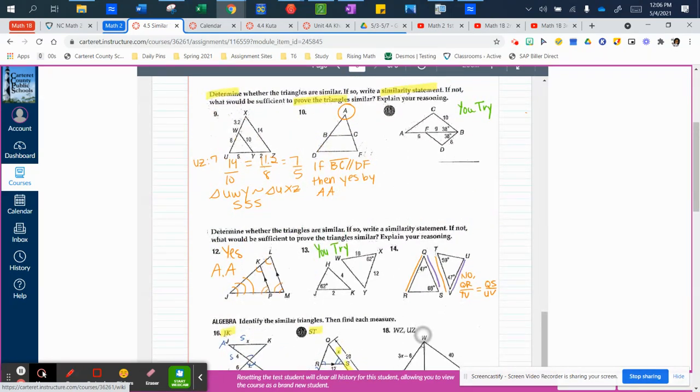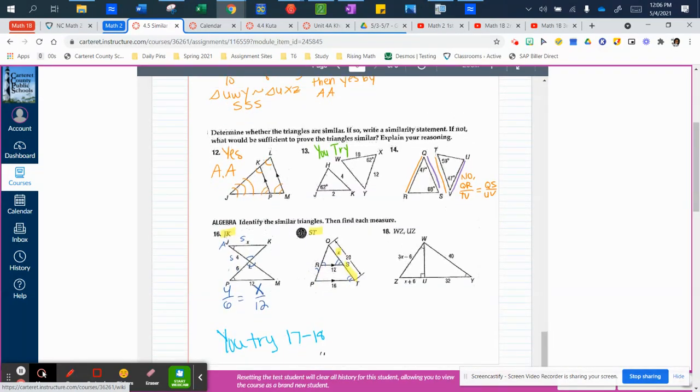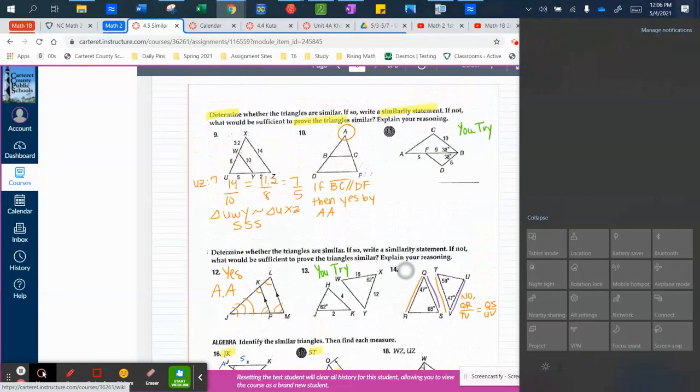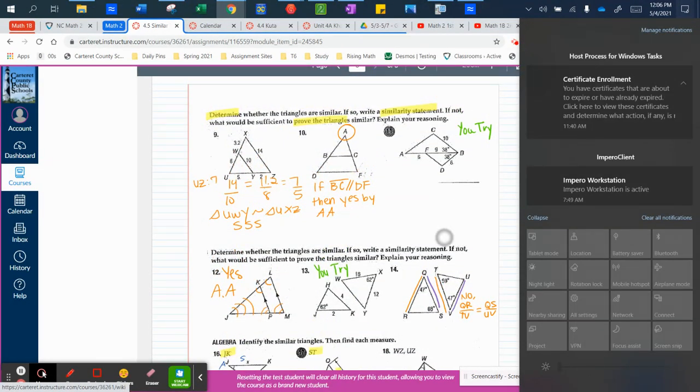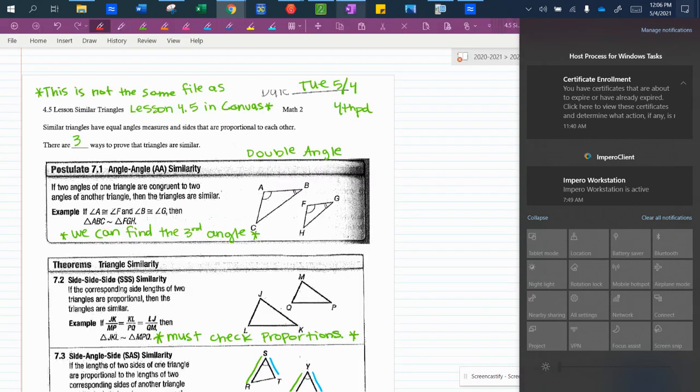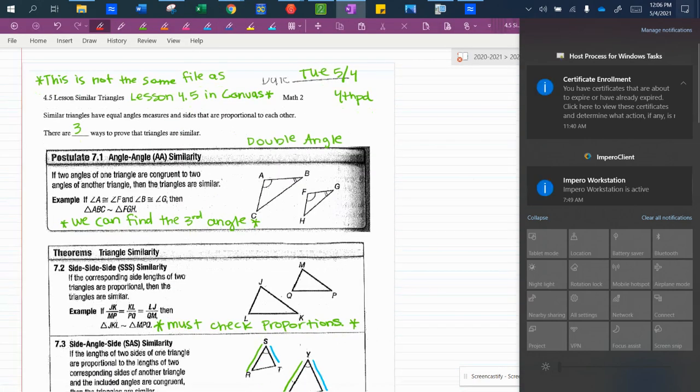So you see there's some of these, you try 11, 13, 16, 17, 18, etc.